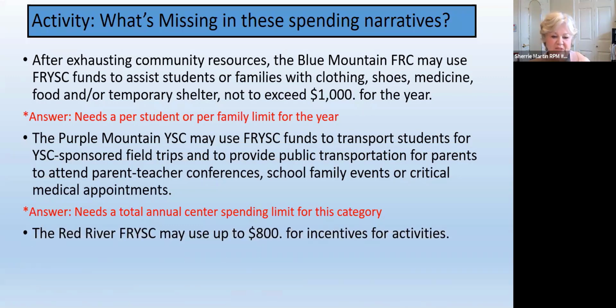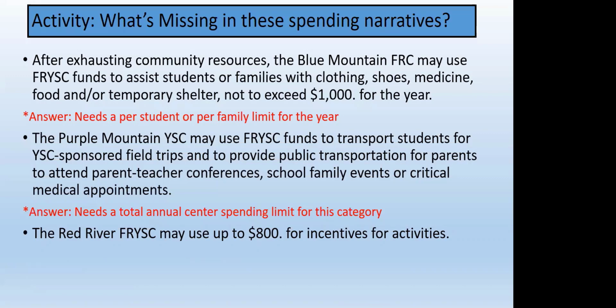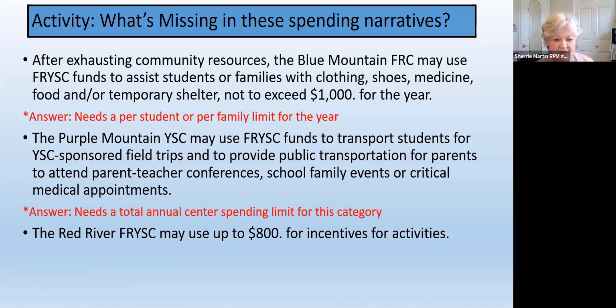A Frisk may use up to $800 for incentives for activities. What is missing for this one? We have a dollar limit. What else is missing? Someone says no criteria. Aha, there you go. That came up. I was looking, but it just now popped up. Thank you, Deetra and Molly.